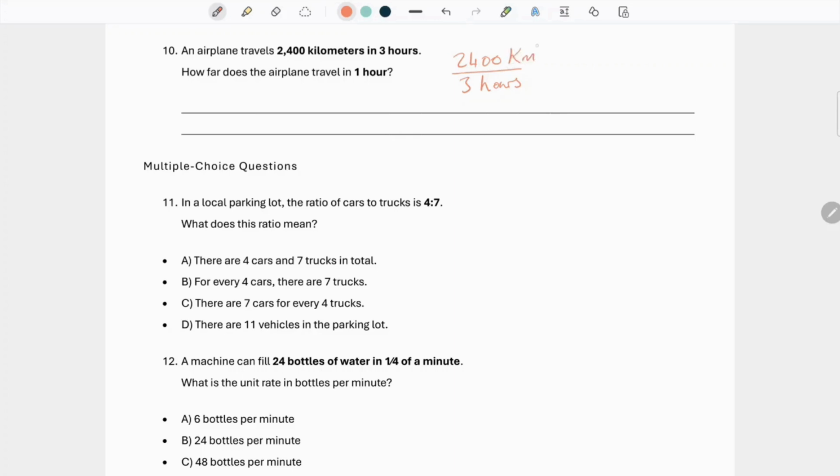So kilometers, I'm going to write km for short. What's 2,400 divided by 3? Well, let's do 24 divided by 3 first, which is 8. And then add the 2 zeros. So that's 800 kilometers per hour. I'm writing it like this, but it's the same as saying 800 kilometers per 1 hour.